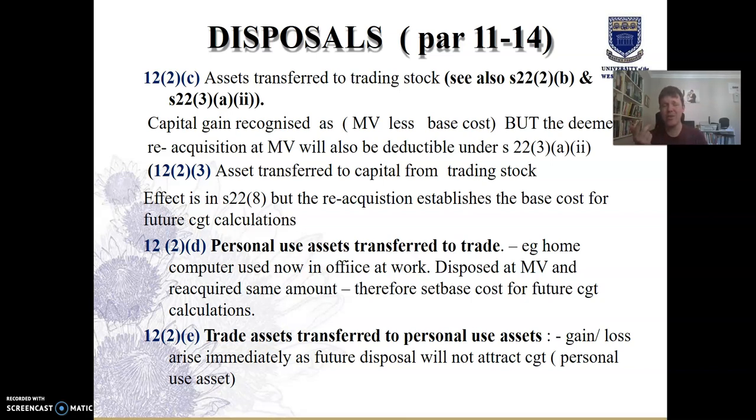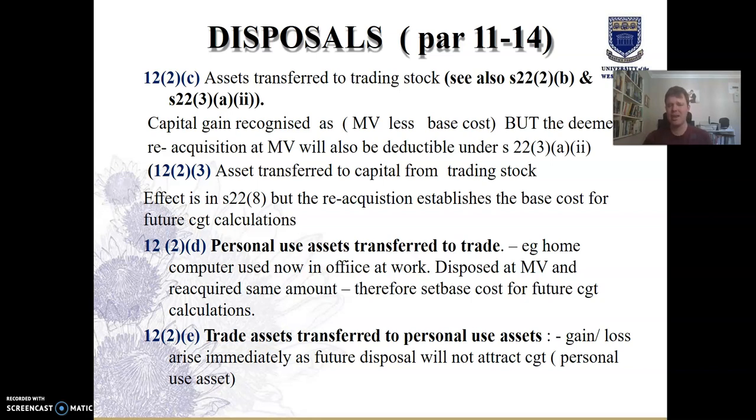If it's going the other way around, you're going to have a 22H recoupment that we learned about in trading stock. Okay, but the deemed reacquisition will set the base cost for any future CGT, because obviously you're going to want CGT on its growth in value from the day it became capital until the day that you sell it.